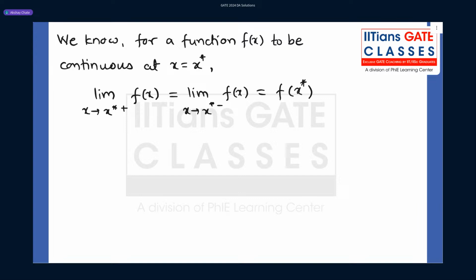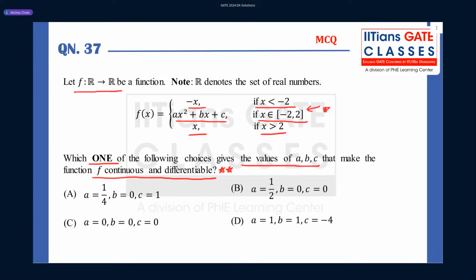So our function is like this. We can check the continuity at -2 and +2, because at other points the function is continuous. The quadratic function will always be continuous, and f of x equal to -x and f of x equal to +x are also continuous.